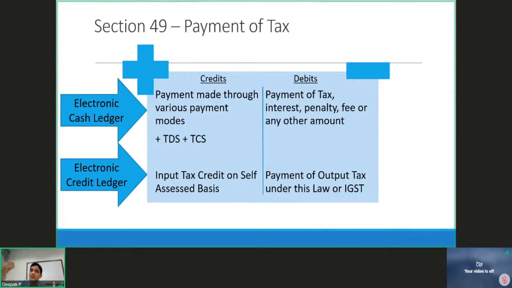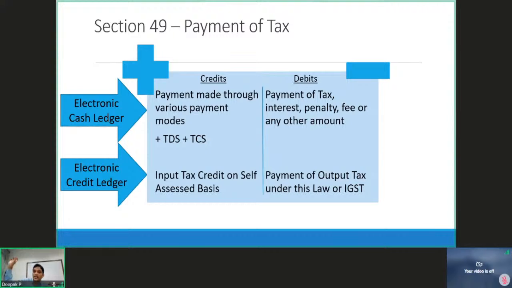Let us take an example. On the 1 lakh rupees, 1,000 is the TDS. That 1,000, instead of paying to me, he will pay to the government's account and say that I am making this TDS payment on behalf of this supplier. When he deducts that, he will pay to the government saying this is the TDS amount with this GSTN number. This TDS has to be credited to this GSTN number.